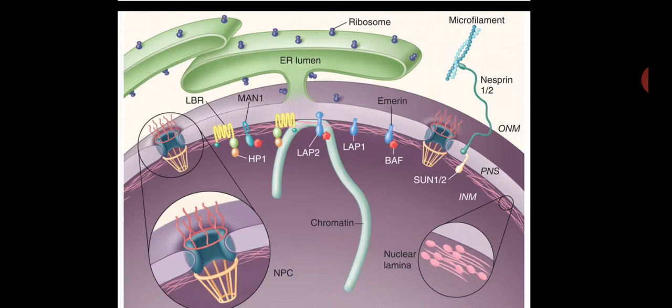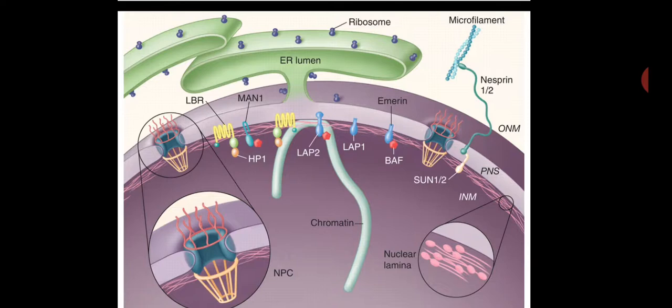The identification and full description of the nucleus was given by Robert Brown in 1835.